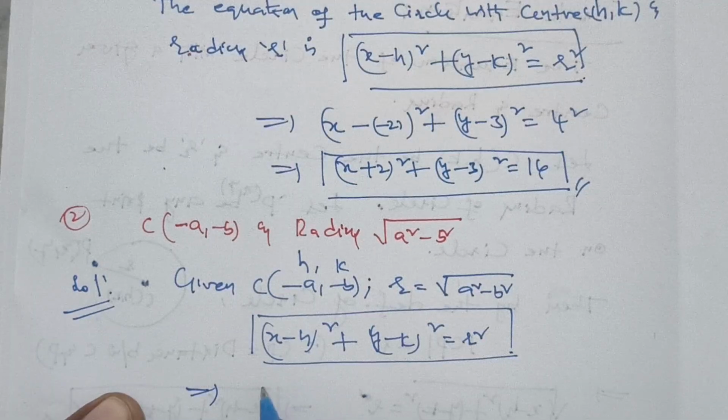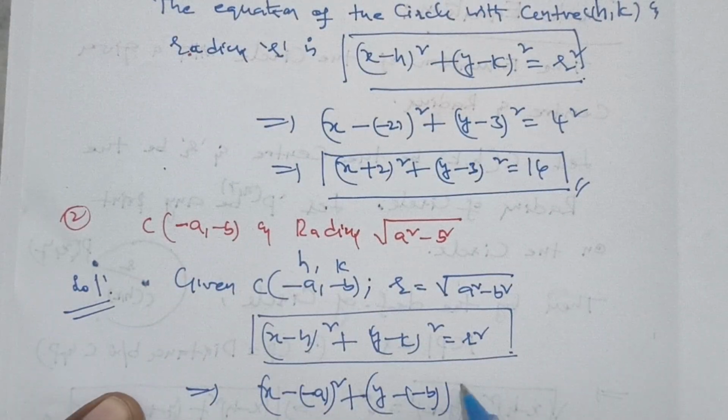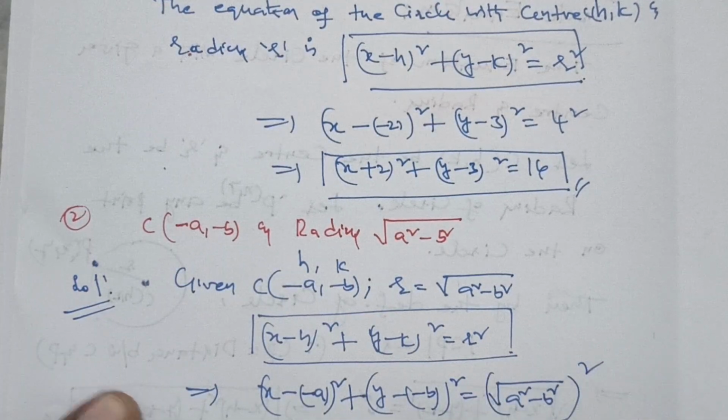Now substitute h comma k values in the general form. x minus h means x plus a whole square plus y minus k means y plus b whole square is equal to r, means square root a square minus b square, whole square.